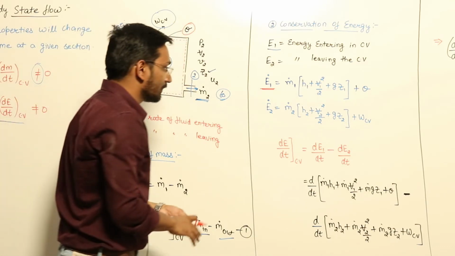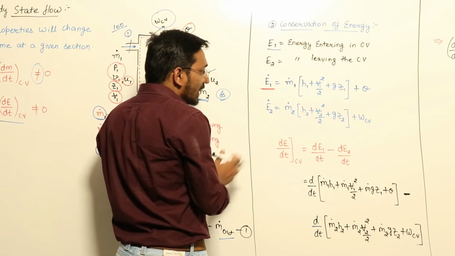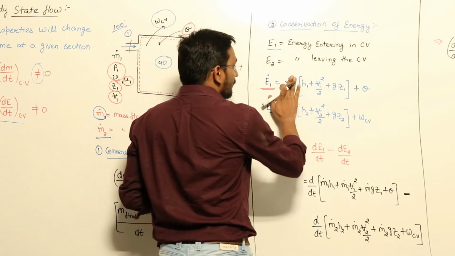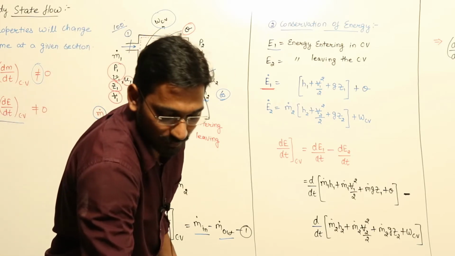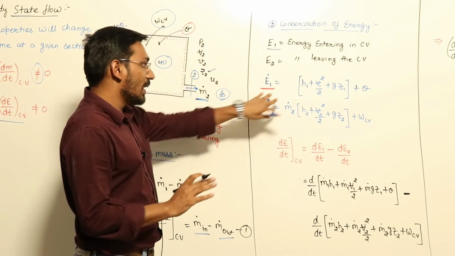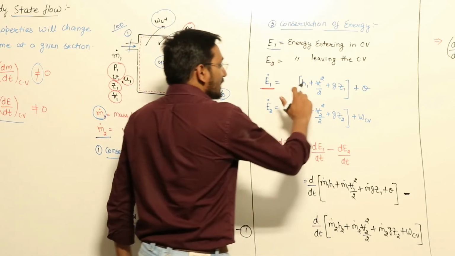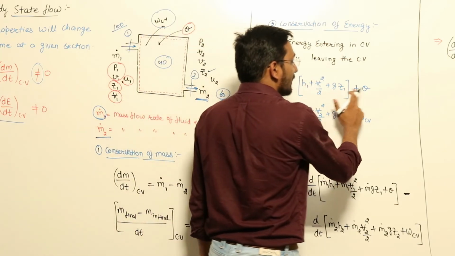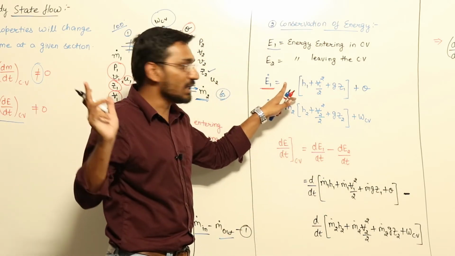Just make one thing very clear: in the steady flow energy equation we write the equation without m dot 1. In the steady flow energy equation what we write is h1 plus v1 squared upon 2 plus gz1 plus q. There are no mass terms in that equation.